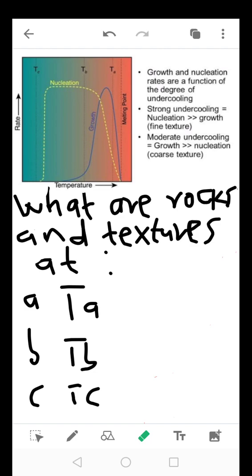Imagine this nucleation as the formation of a nucleus. Obviously, different life forms in our universe were derived from a nucleus. If we had no nucleus, there wouldn't be any growth.